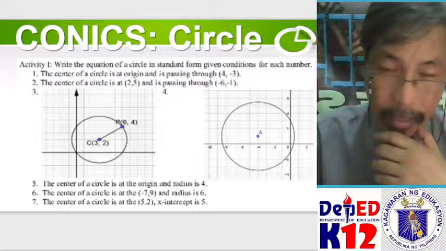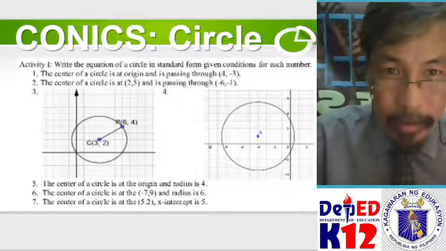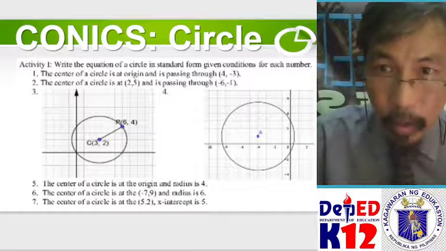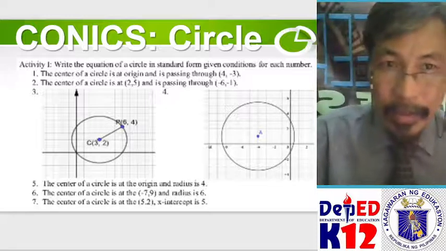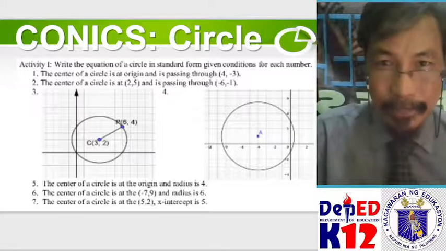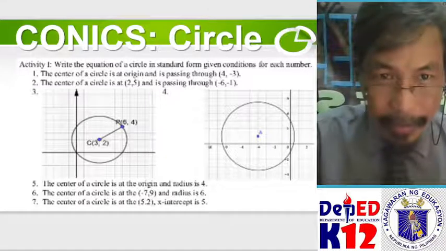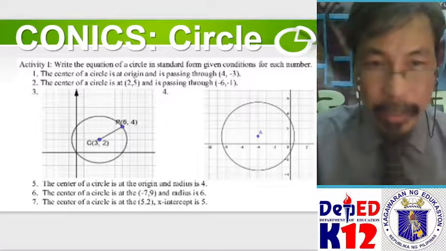Meaning 0 is the x coordinate, 3 is the y coordinate. That is a point on the y-axis, the y-intercept. It intersects the y-axis at point 0, 3.